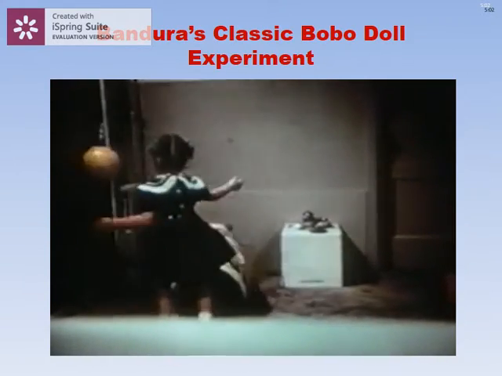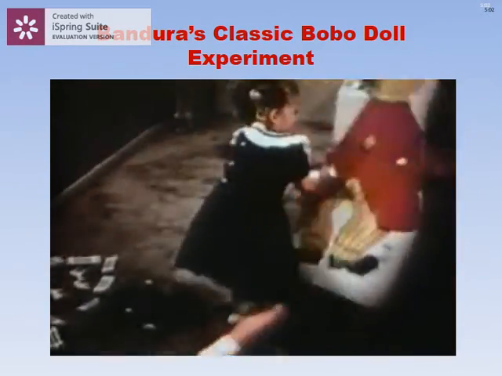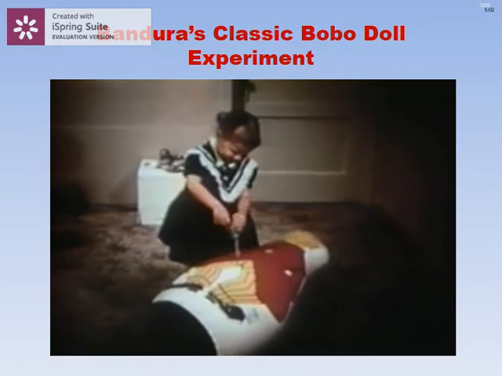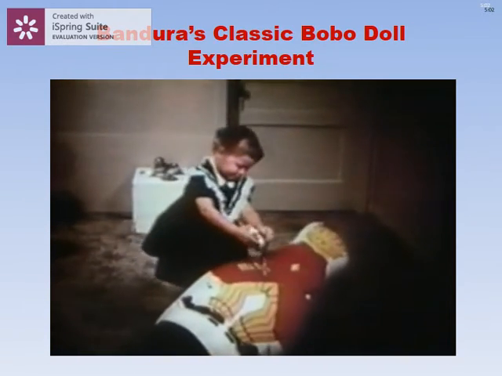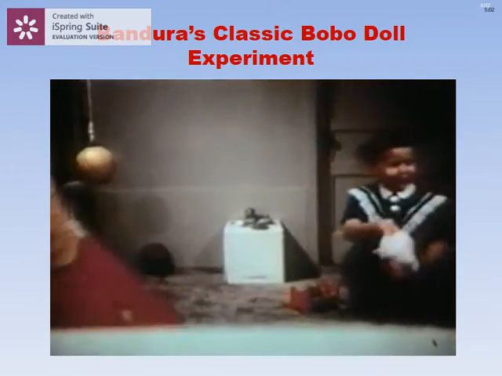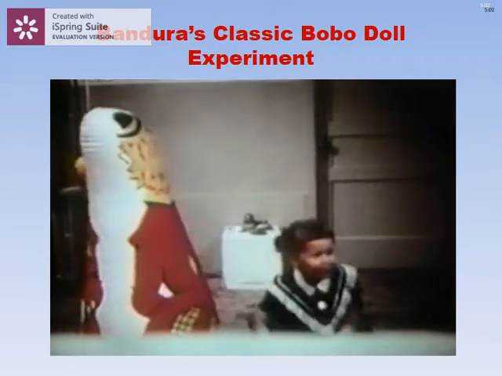Now, the object of interest was the novel aggressive acts, not punching the doll. And children in the control group who had no exposure to the aggressive modeling never exhibited the novel forms of aggression. And here's a creative embellishment. A doll becomes a weapon of assault.